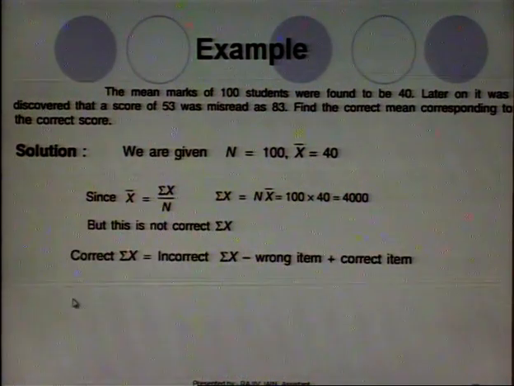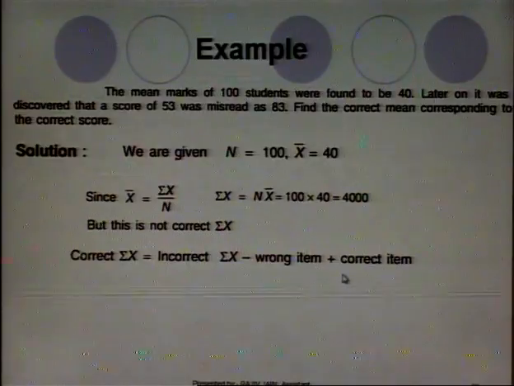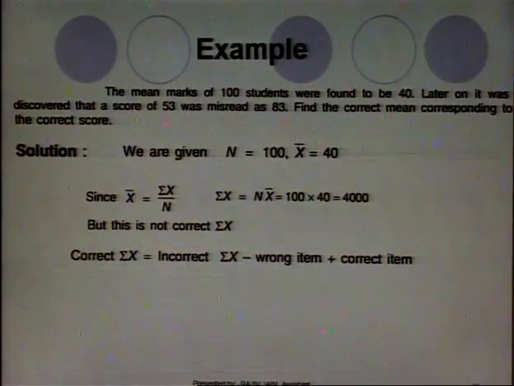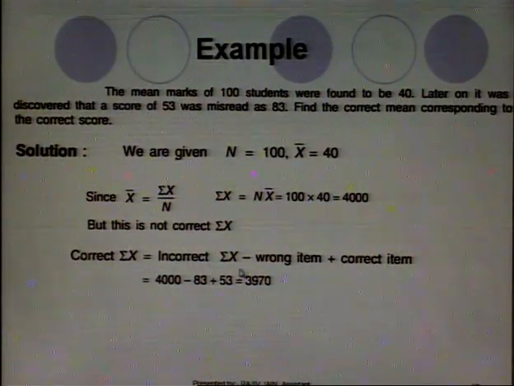So the corrected formula, this is the main formula, write it down: corrected summation x will be equal to incorrect summation x minus wrong item plus corrected item. So the incorrect sum was 4000, the wrong item was minus 83 and the corrected item was 53. Simplifying, we will get 3970.